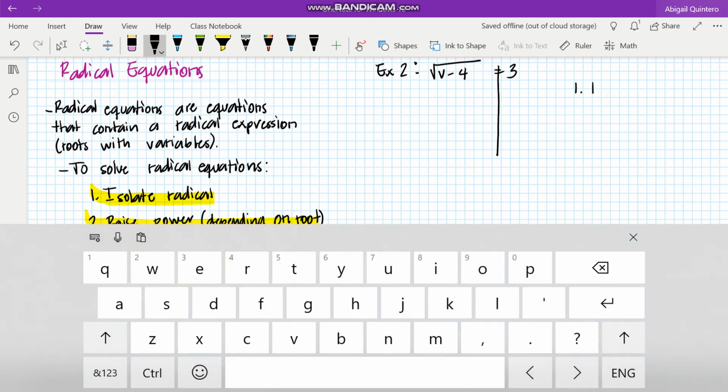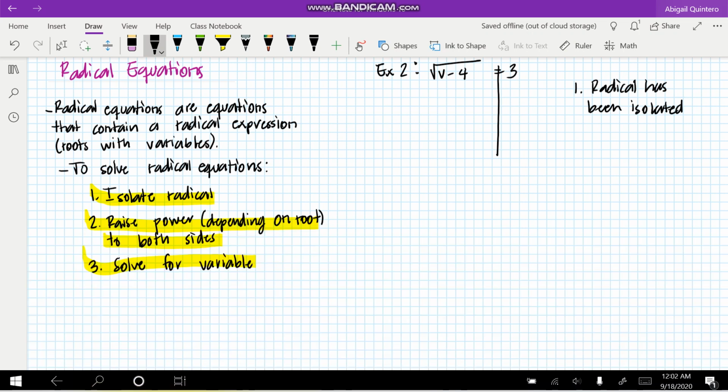So I'm just going to go ahead and rewrite the radical. So square root of b minus 4 equals the square root of 3.